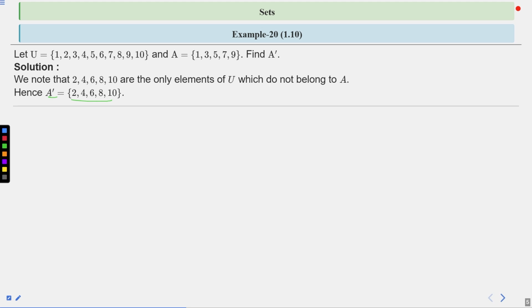I hope the solution is clear to you. Yes, you can define it in set builder form also. You can say you are collecting even natural numbers less than or equal to 10, or strictly less than 11. You can say that. Clear?